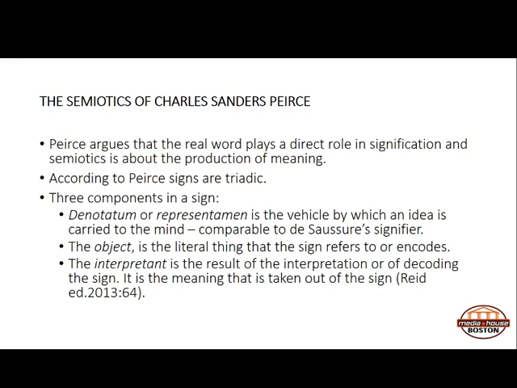So the signifier, and the reason why he called it the vehicle by which an idea is carried to the mind is because he wasn't referring just to objects or to, I don't know, words, or something that you can define. It could be anything. It could even be the shade of gray in the background of an advert. So it is a vehicle by which an idea is carried to the mind.